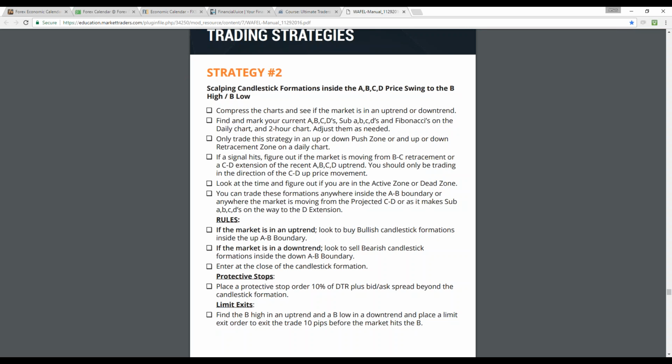That will give us the current swing, and we need to identify whether we are in the retracement or the push zone. Remember that you should only be trading in the direction of the C to D price movement. That's the high probability move.